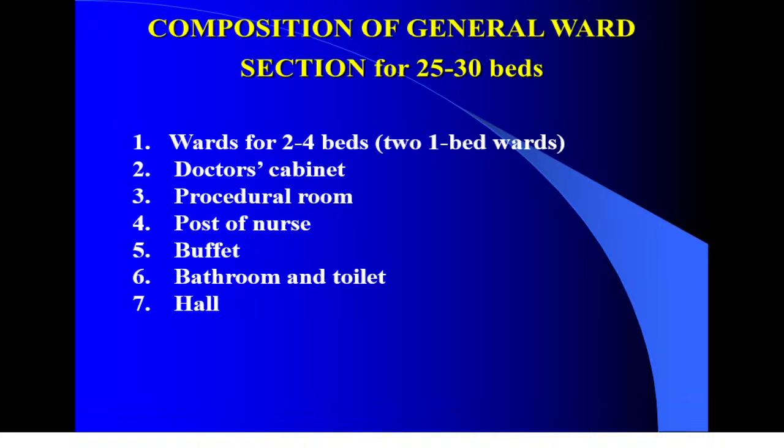One part of the department is a ward section. It's usually a half section of a department. And the total number of beds in such a ward section must be 25-30 beds.